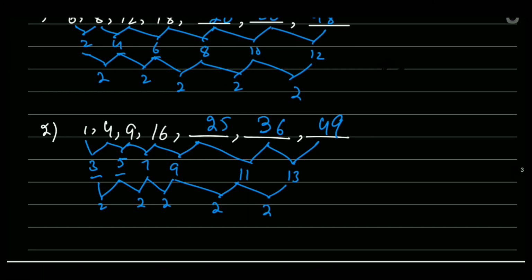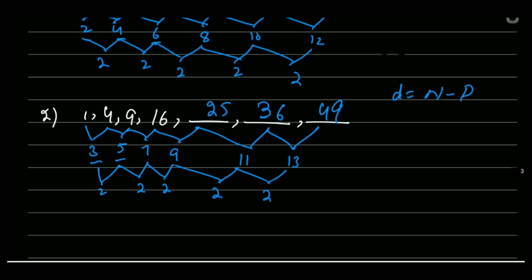I told you that you have to find the difference by subtracting the previous term from the next term. Next minus previous. This is the way you will find all these differences. So it is a quadratic sequence because its second difference is the same. It's 2, 2, 2, 2 and 2.